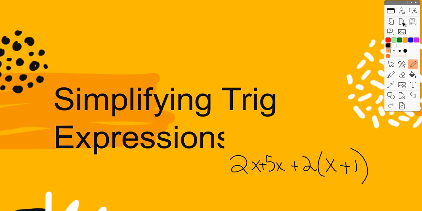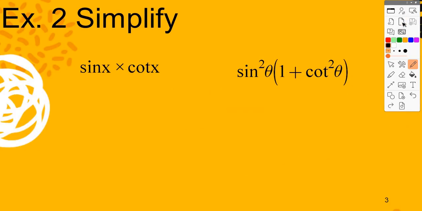And in order to simplify our trig expressions, we have to use our trig identities, which is why we wrote those out first. So we're looking for two main things whenever we're simplifying a trig expression, okay? The first is that we want the least amount of trig functions.